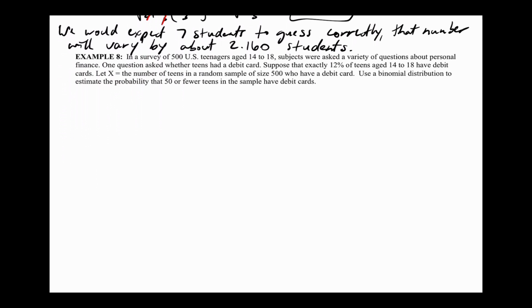Suppose that exactly 12% of teens from 14 to 18 have debit cards. Let X be the number of teens in a random sample of 500 who have a debit card. Use a binomial distribution to estimate the probability that fewer than 50 of those 500 teens have a debit card.